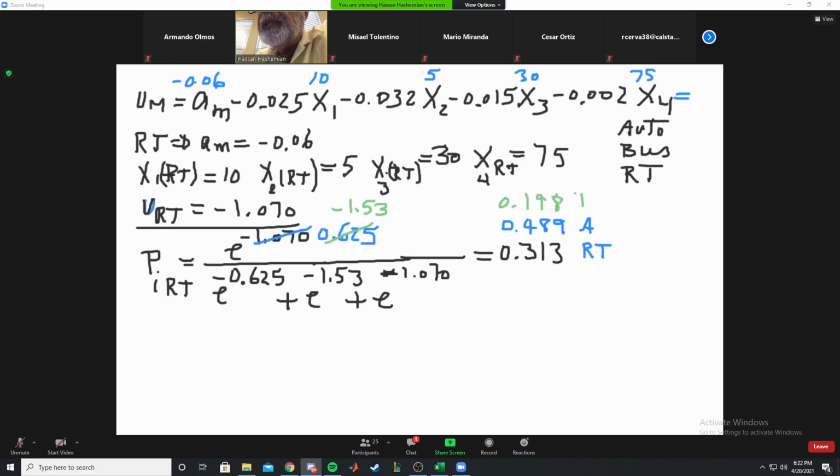So this is for bus. So if you add these together, you will have 1. So that means 19.8% using bus, 48.9% using auto, and 31.3% using rapid transit.